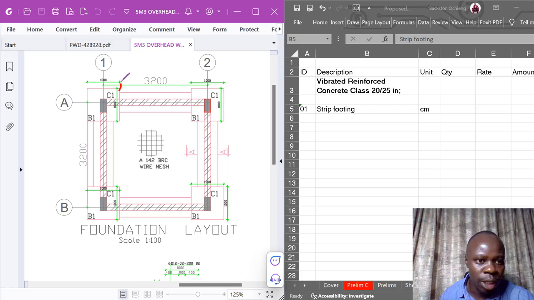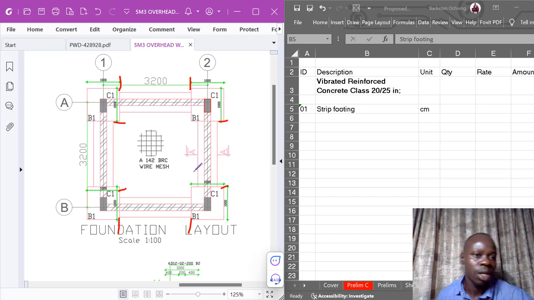The strip footing comes from this point up to that point, and then there is that bit up to this bit, all the way that way. Okay, so those are the strip footing. The parts that are in between the column bases are what we refer to as the strip footing. If at all there are no bases, then of course we have straight away what we call a strip footing as a whole.